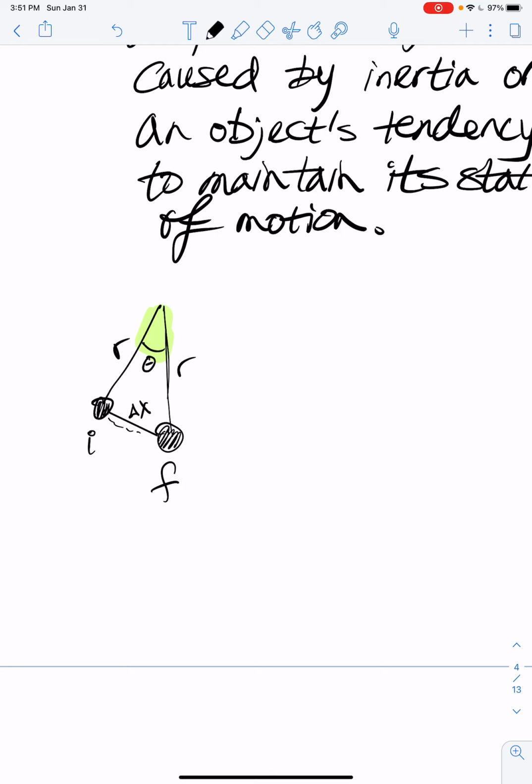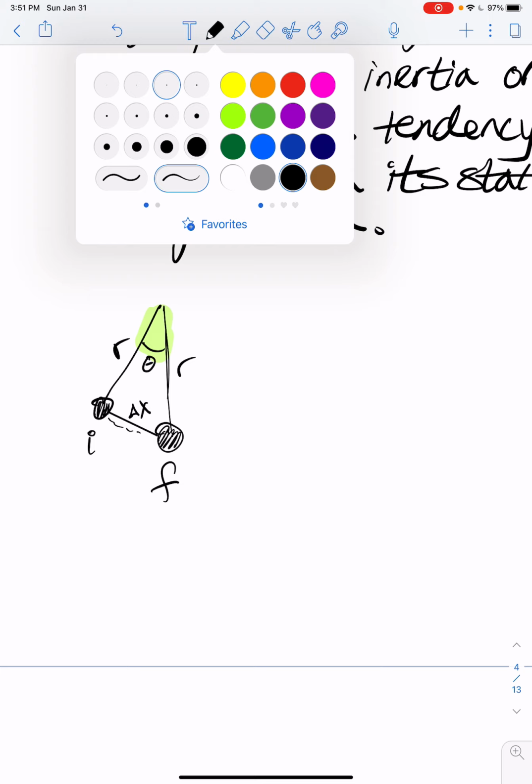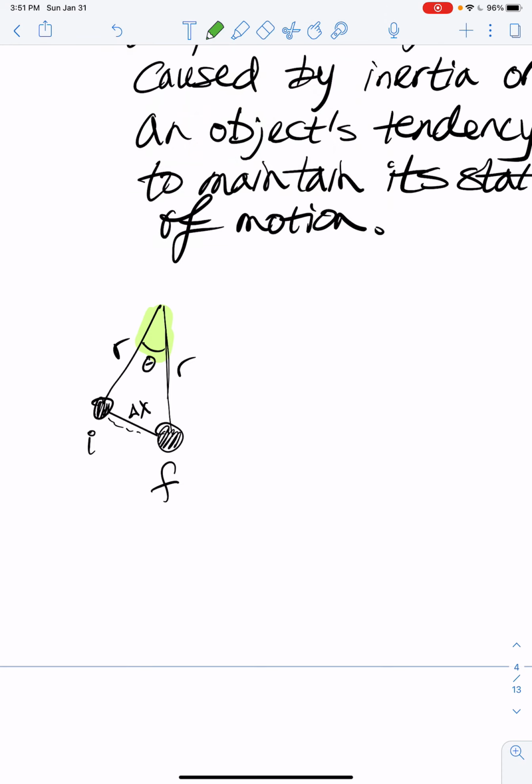We can also look at the velocity vectors for these two locations. That would be V1 and V2 being here.